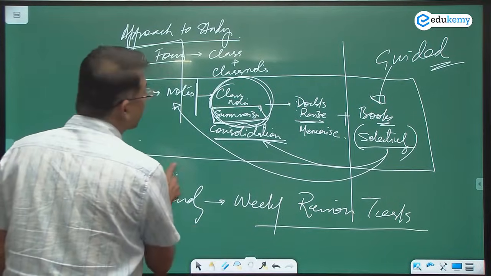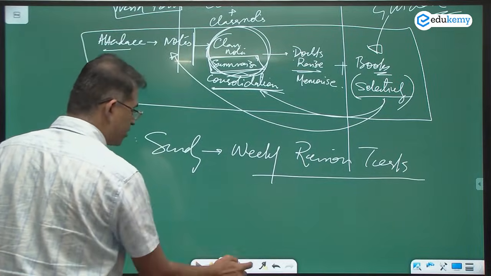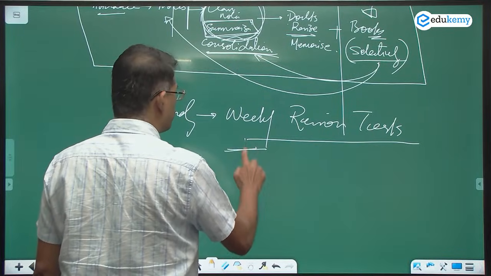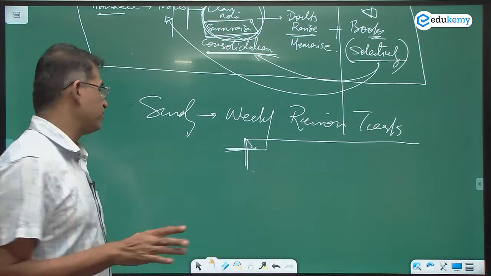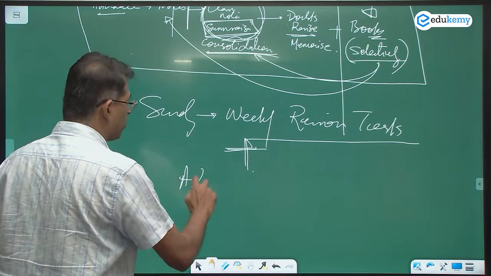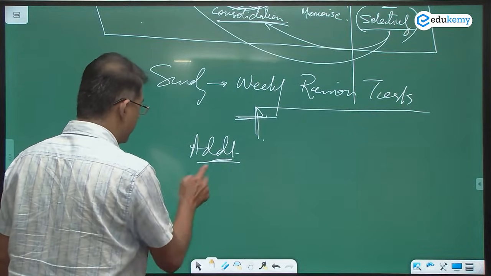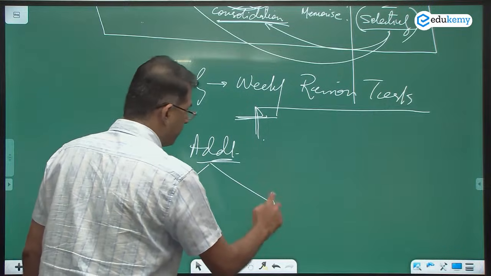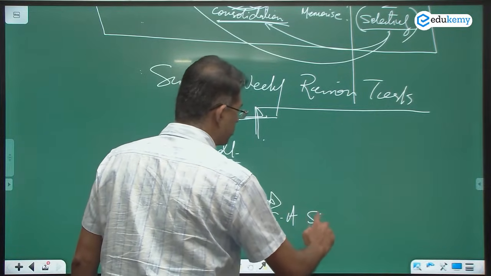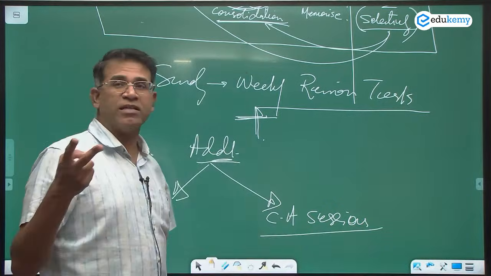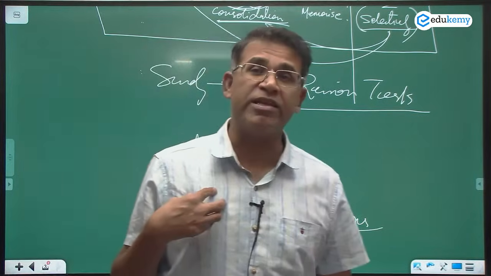And in current affairs, now see, apart from this, we will support you in two different ways. So what will the additional support be? You will have current affairs sessions. So we are two teachers. I am the primary teacher, the senior one.